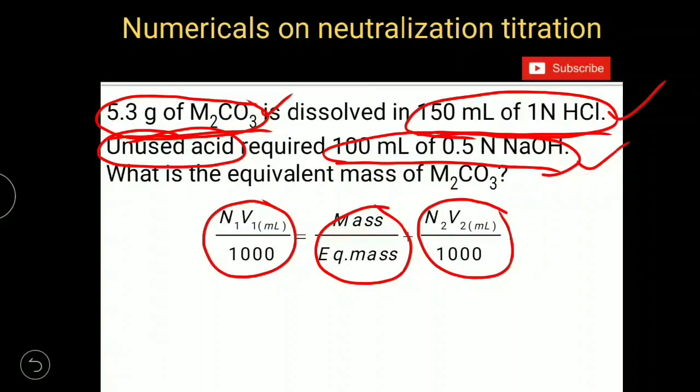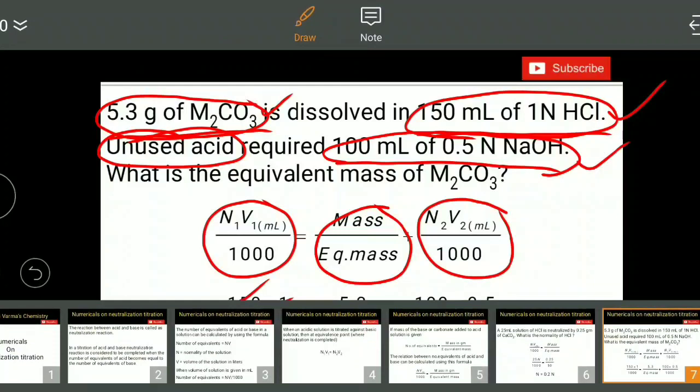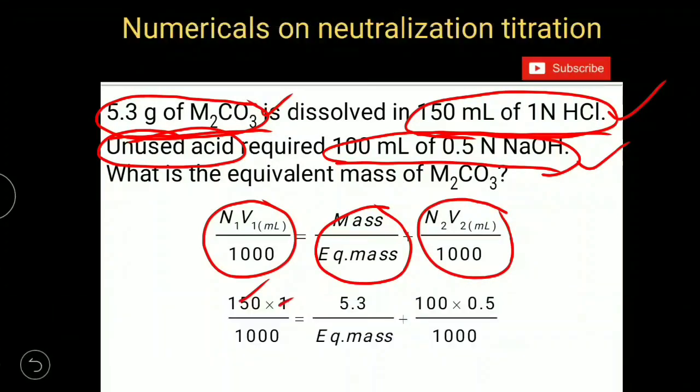Substitute the values. Volume of HCl solution is 150, its normality is 1, divided by 1000. Mass of M2CO3 is 5.3. Equivalent mass we need to find out. Normality of NaOH is 0.5, volume is 100 ml.